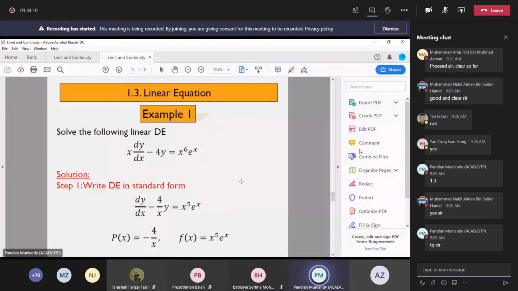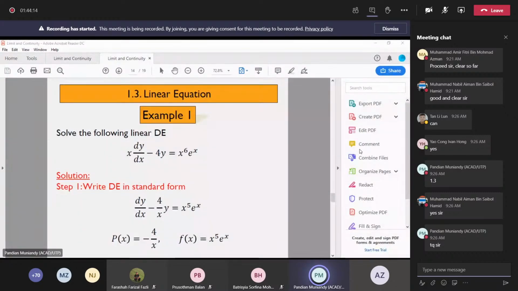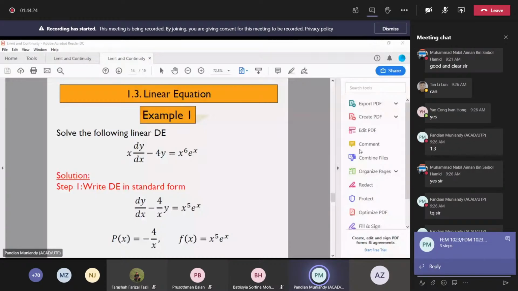That's all. We are showing you only 3 steps, you no need to repeat the method. Step 1 is standard form.